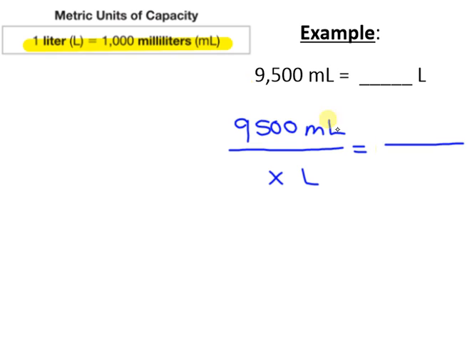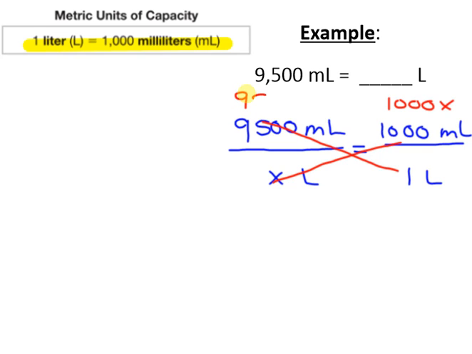So we have 1 liter, that's going to go on the bottom, equals 1,000 milliliters. So x times 1,000 is 1,000x. 9,500 times 1 is 9,500.